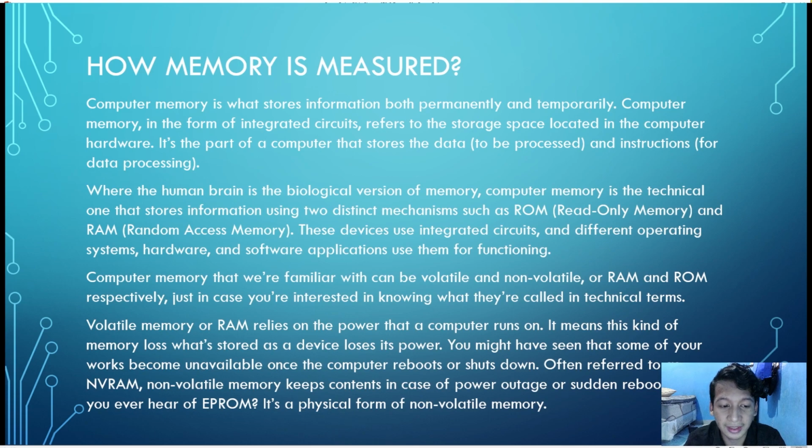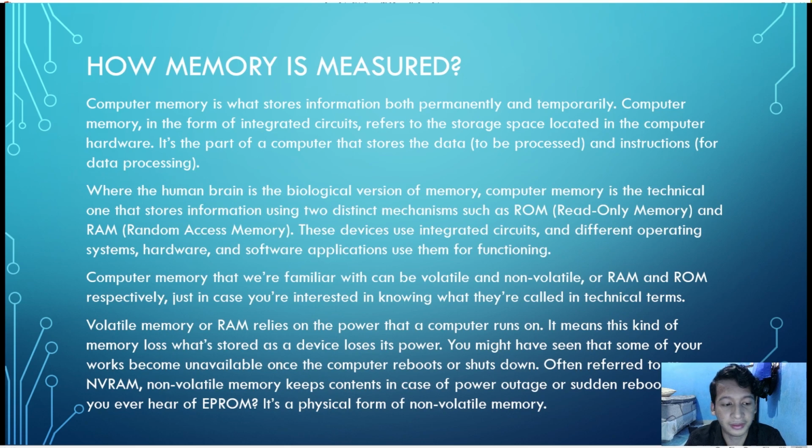Volatile memory or RAM relies on the power that a computer runs on. It means this kind of memory loses what is stored when a device loses its power. You might have seen that some of your work becomes unavailable when the computer reboots or shuts down.